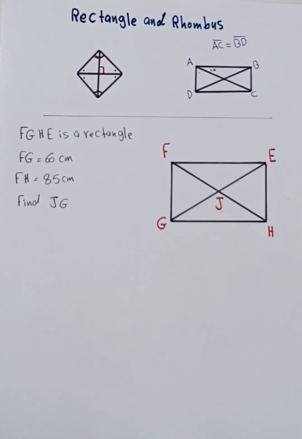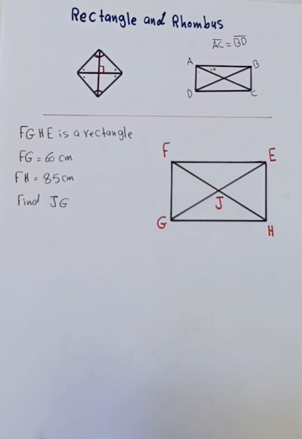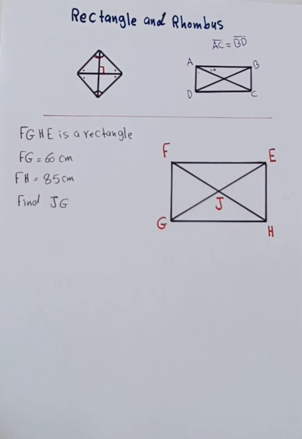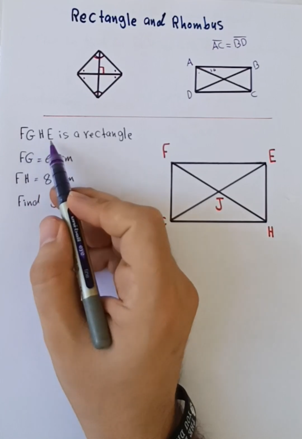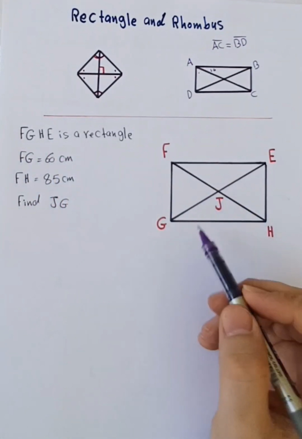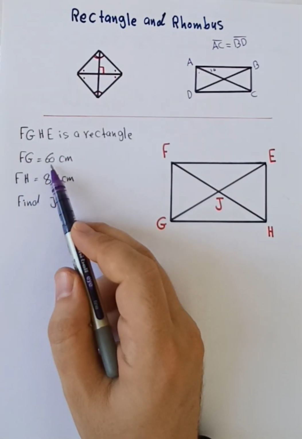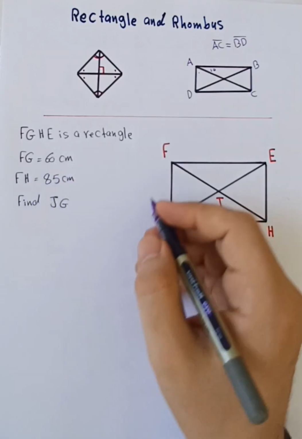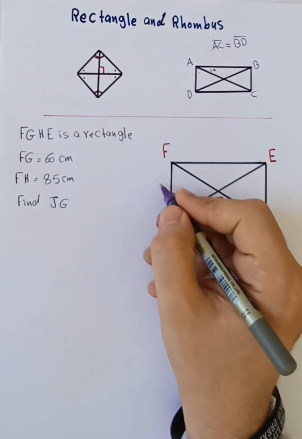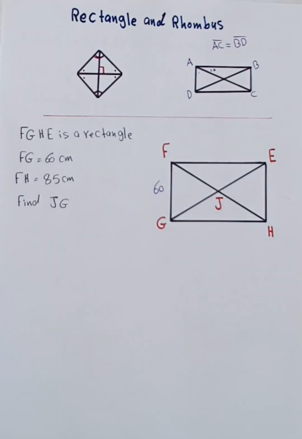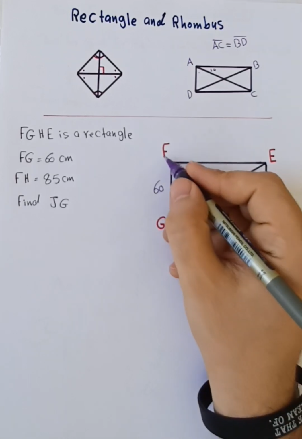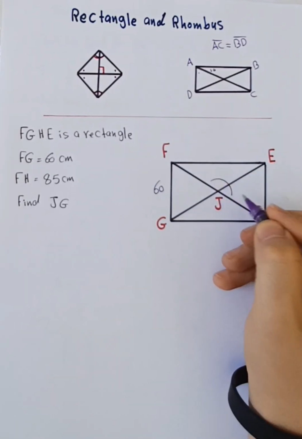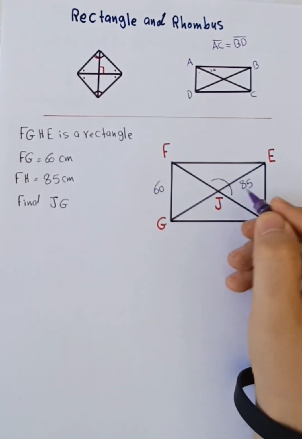And then we have this example. We have this rectangle, and then we have some information about this rectangle. FGHE is a rectangle, and the measure of FG is 60 centimeters, and the measure of FH is 85 centimeters.